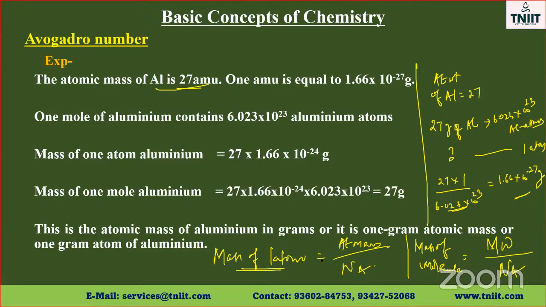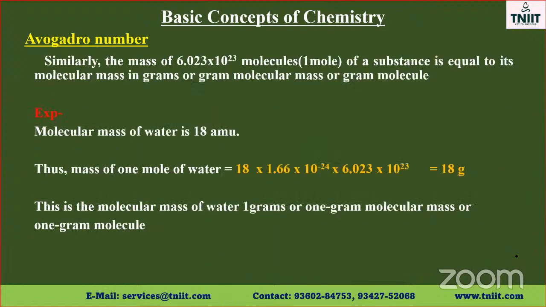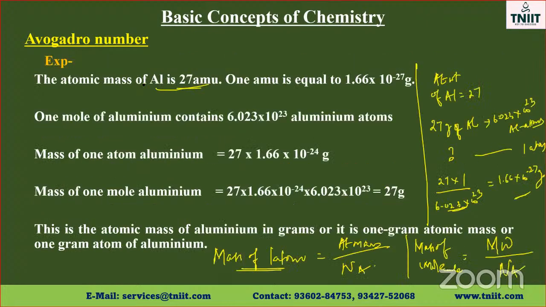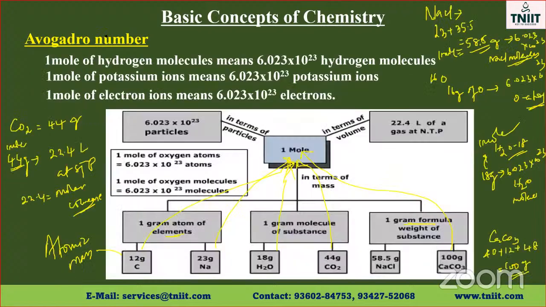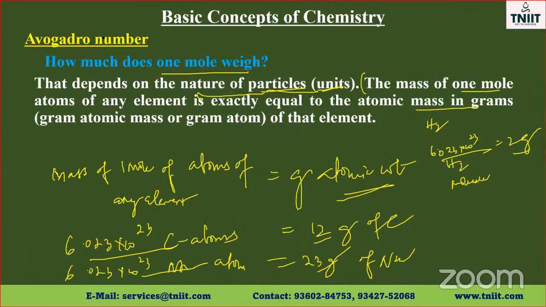So the mass of one atom is given by the formula atomic mass by Avogadro's number. The mass of one molecule is given by the formula molecular mass by Avogadro's number. Similarly, the mass of 6.023 into 10 power 23 molecules, which is 1 mole of a substance, is equal to its molecular mass. As we learned here, it's dependent on nature.